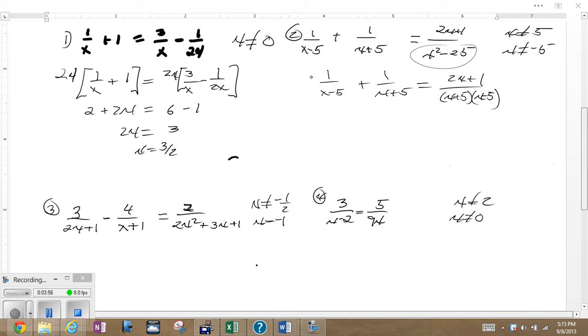And now we're going to multiply both sides in their entirety by the common denominator, x plus 5 and x minus 5, on both sides. This is going to cancel out entirely.